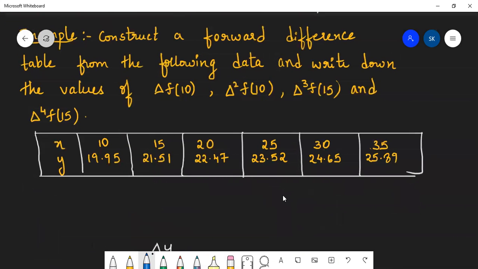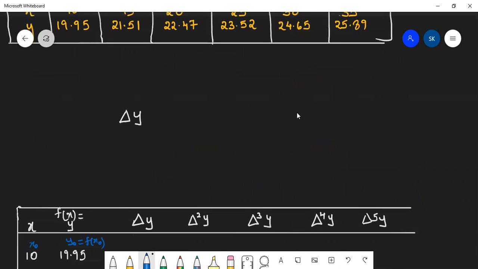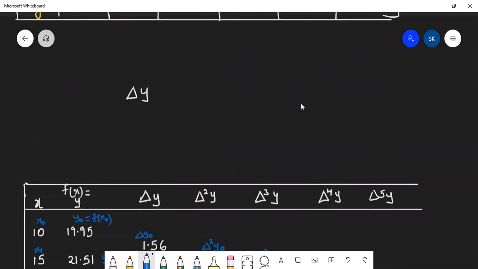First value is, I have to find out forward delta f of 10. Fine. How to find forward delta f of 10? What is forward delta f of 10?